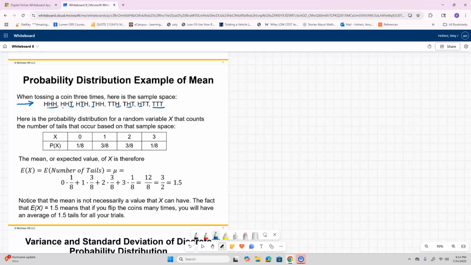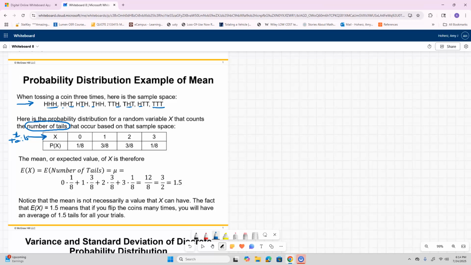Now we're going to make a probability distribution for that, one that counts the number of tails that occur. So this is the number of tails. We're looking for how many times we get 0 tails.